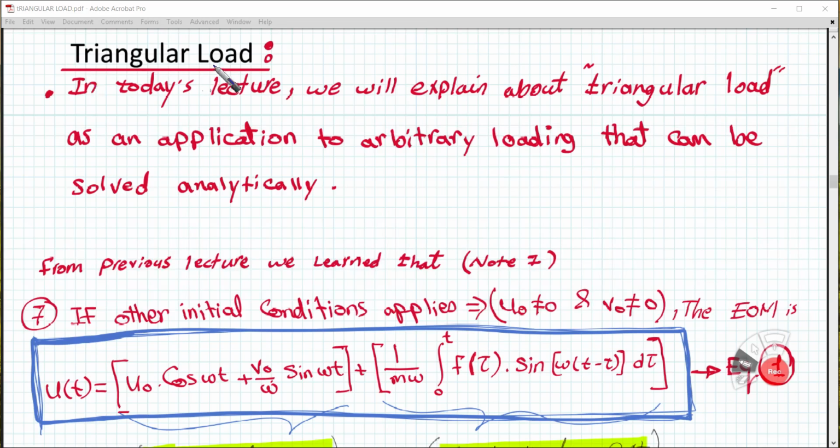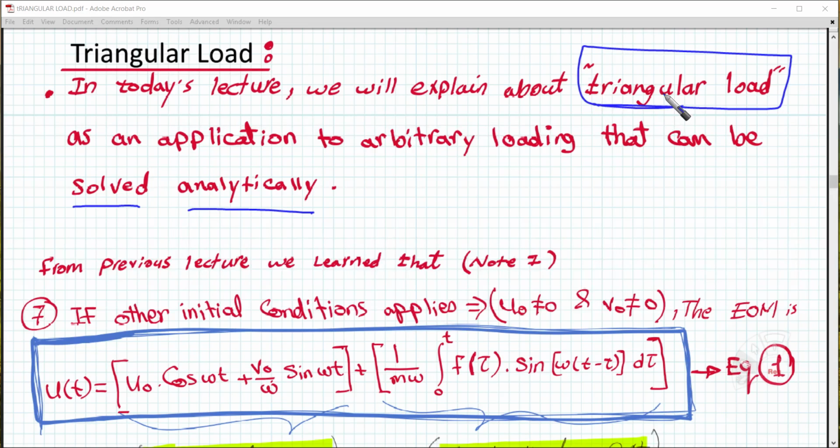The triangular load is what we are going to talk about today in particular, as an application to arbitrary loading that can be solved analytically. The point is why we choose this triangular loading, or, for example, rectangular loading.